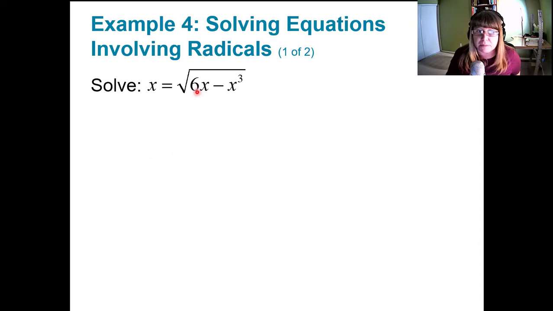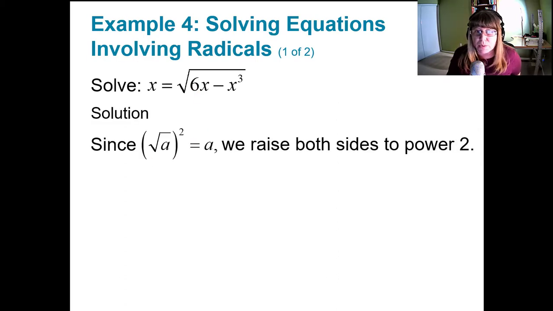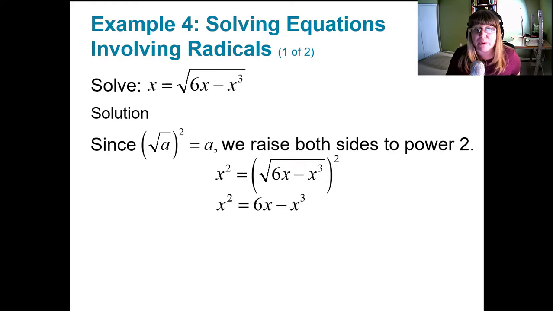We're going to square each side. We get x squared equals the square of the radical of 6x minus x cubed. This square cancels out this radical, and I'm left with 6x minus x cubed.